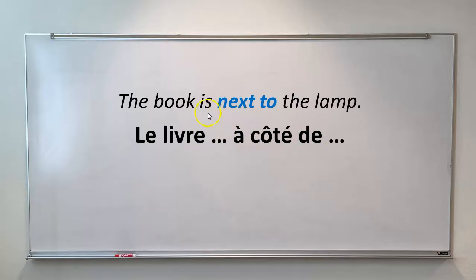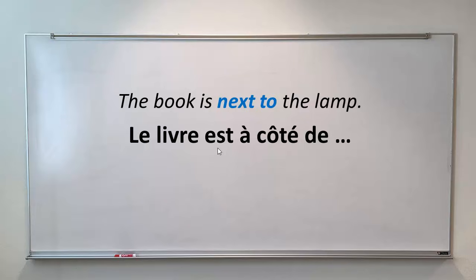Now we're missing our verb. We just need our little verb here. So le livre, the book is, it's a form of the verb être. Le livre est, and then à côté de, there's a liaison here. Le livre est à côté de. And all we need is the word for lamp.